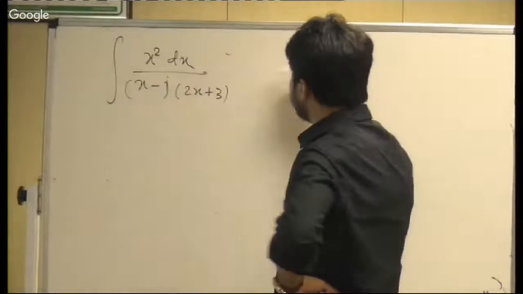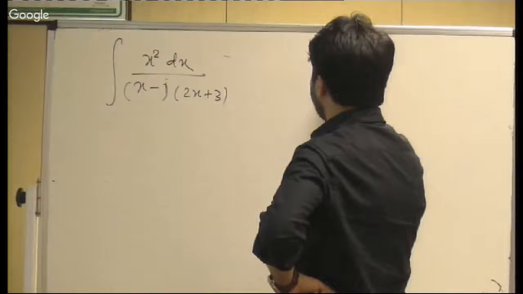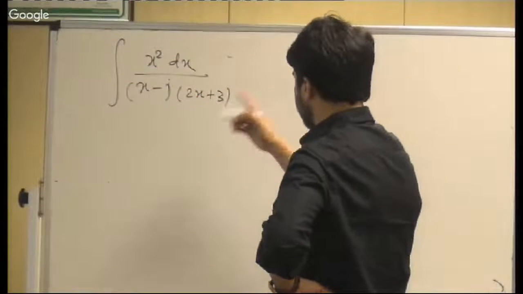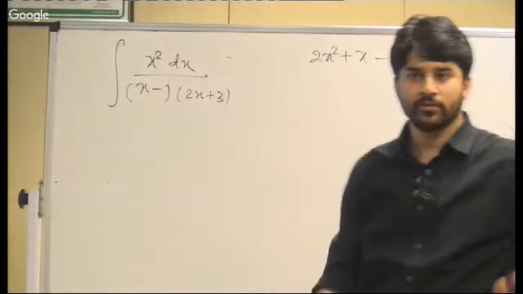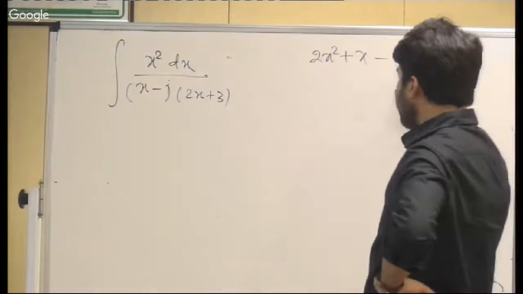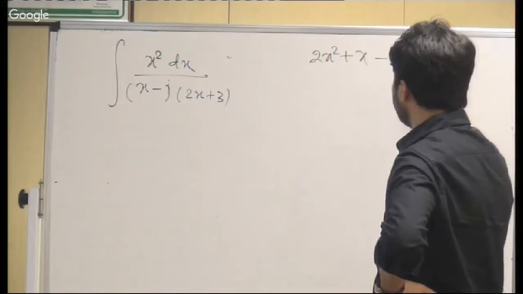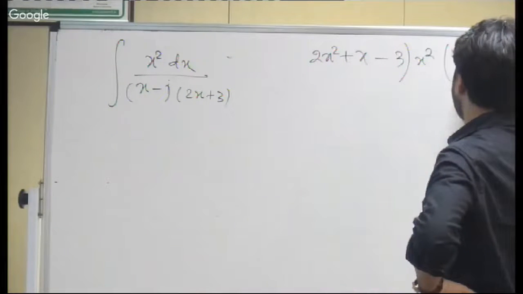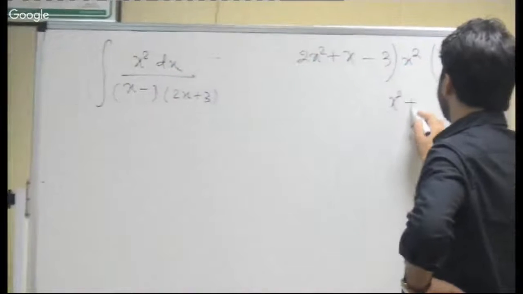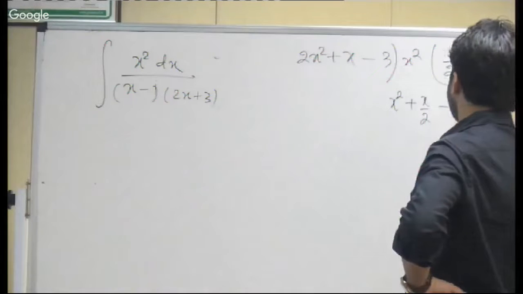What is the product of x minus 1 and 2x plus 3? It will turn out to be 2x square plus x minus 3, right? This is the product of the denominator. To get x square, I'll just have to multiply by x square half. So it will be x square plus x by 2 minus 3 by 2.